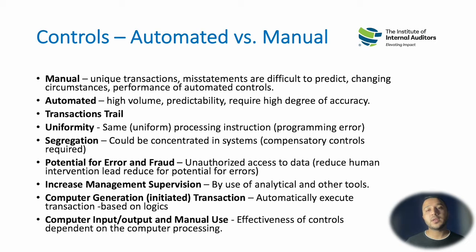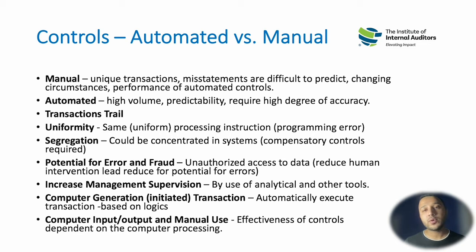Segregation of duties: again, in IT control, we can easily define different levels of authority. So segregation of duties could be a good way which can easily be implemented in the IT control environment. We can also have compensatory controls on top of the existing controls, or other secondary controls, in the automated environment much more easily than the manual one.